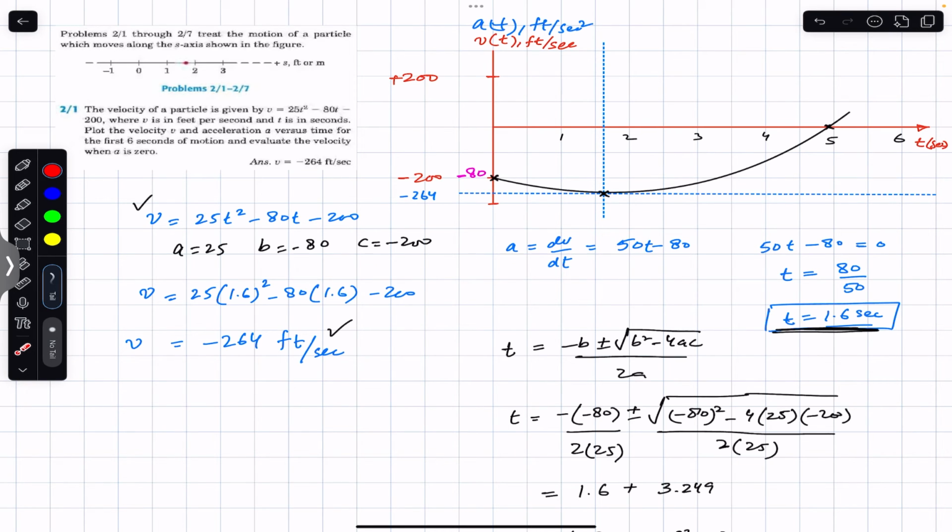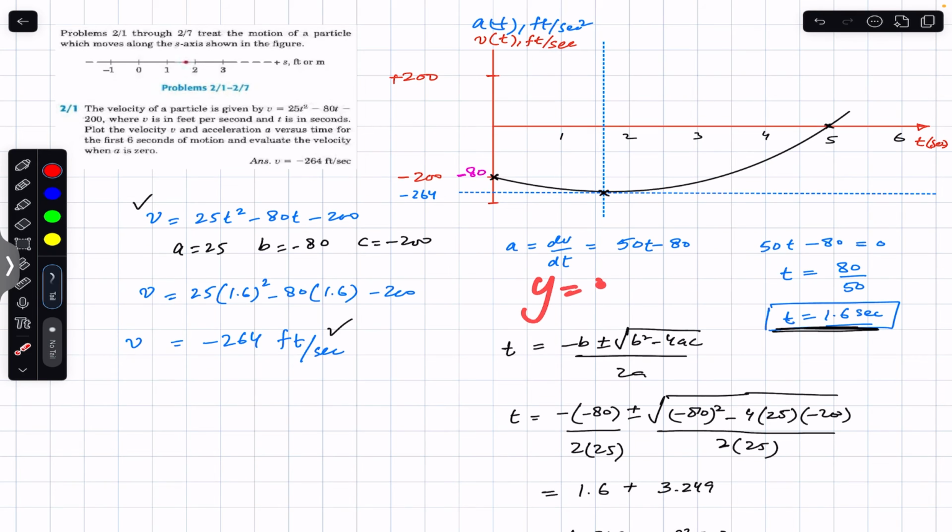If we compare this with y equals mx plus c, the y-intercept is minus 80, and the slope of the acceleration as a function of time is 50. So if this is minus 80 and this is 40, this will be minus 40, and similarly this will be 40, and this will be 80.